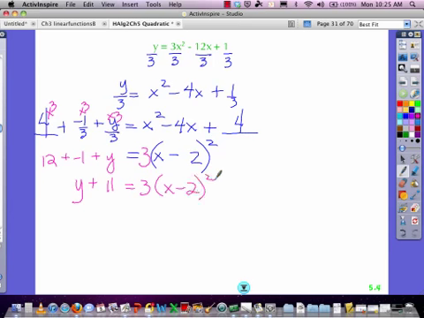And again, ask yourself, bonus question, what is my vertex? Where has this been changed? If we were at 0, 0, we're now at 2, -11. So you can see exactly where this parabola has been shifted, moved, transformed, whatever you'd like to say.